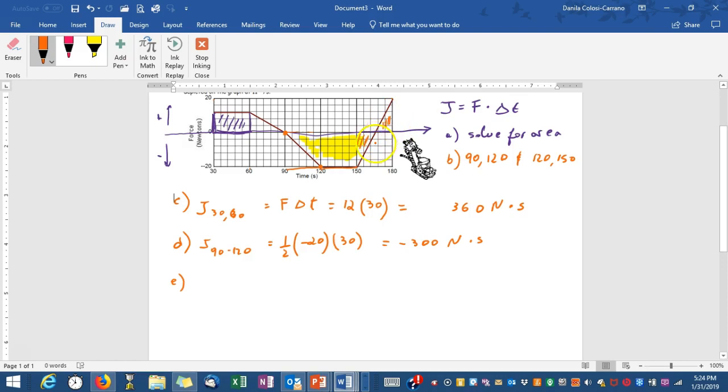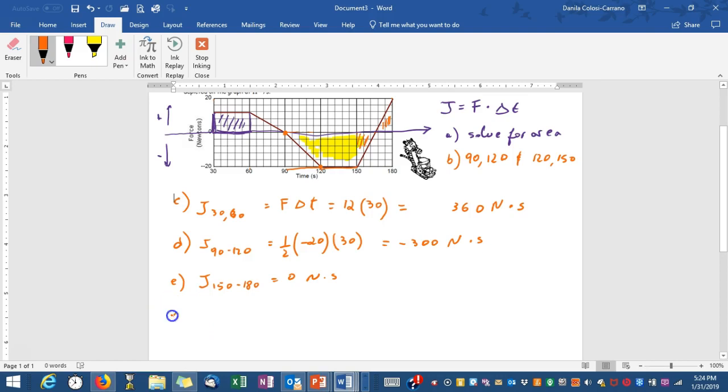So those two areas are basically the same, right? Because this is 20, the height, and 2.5 squares, and this is 20, the height, 2.5 squares. So negative area and positive area. So we can just say that the impulse between 150 and 180 is going to be 0 Newton seconds.